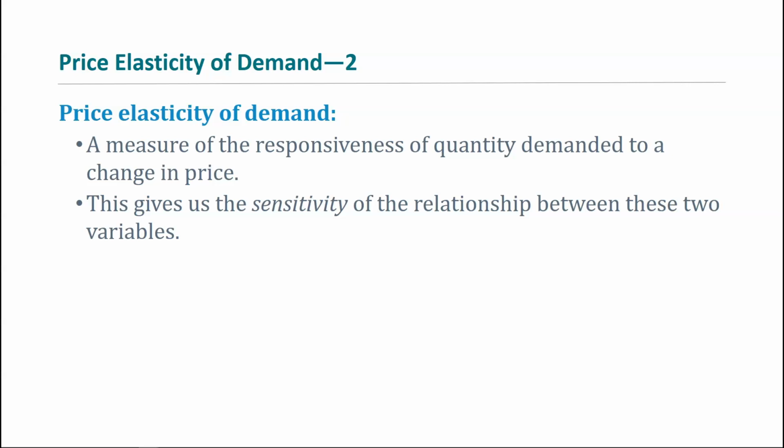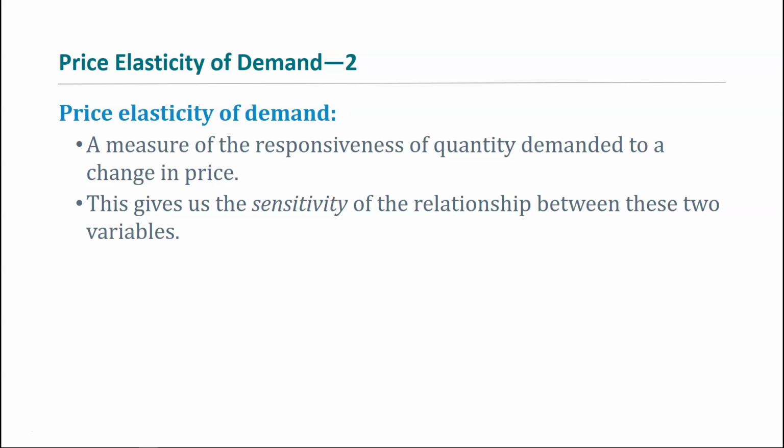If you think about the numbers we're talking about here, the price of gas is usually somewhere between $2 and $3 per gallon, in our part of the world at least. But the number of people buying gasoline is millions, right? So it wouldn't make sense to compare a change of 1 million people to a change of 2 cents, because they're just different scales.